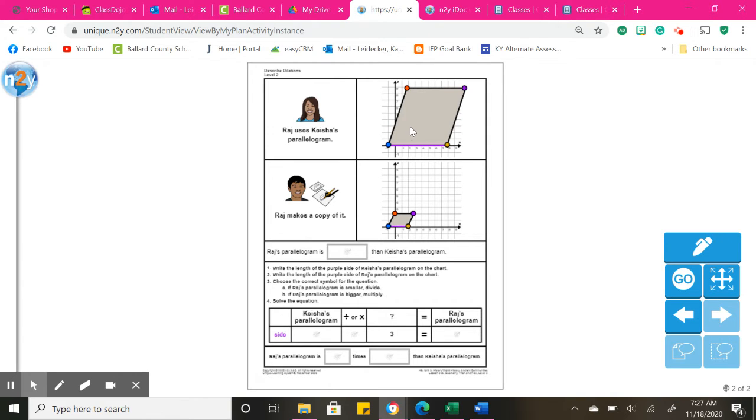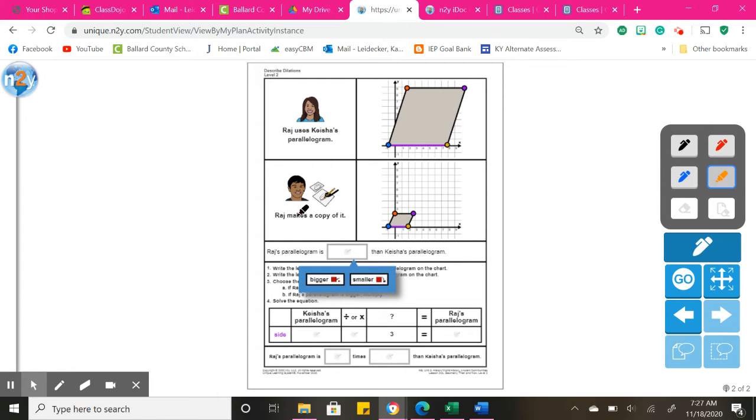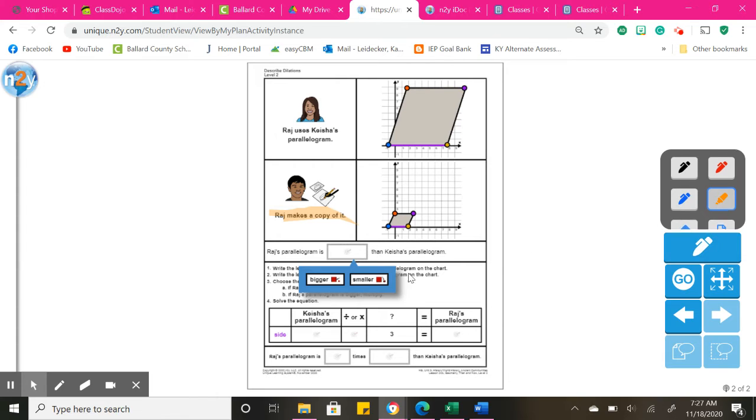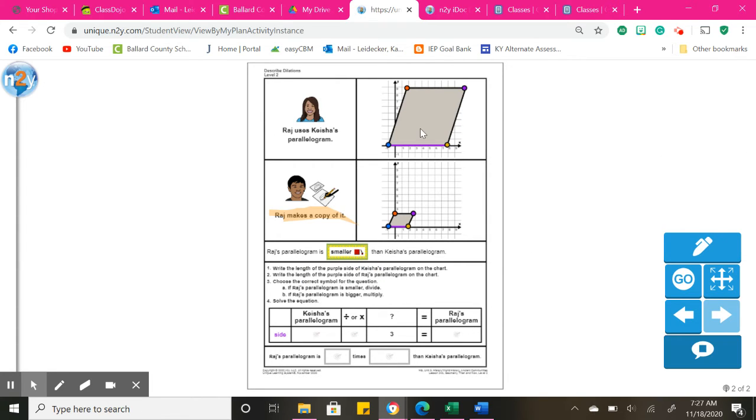Obviously, his is a lot smaller than Kesha's. So Rashad's parallelogram, we just said this is smaller. So it's asking for Rashad's copy. So his is smaller than this one.